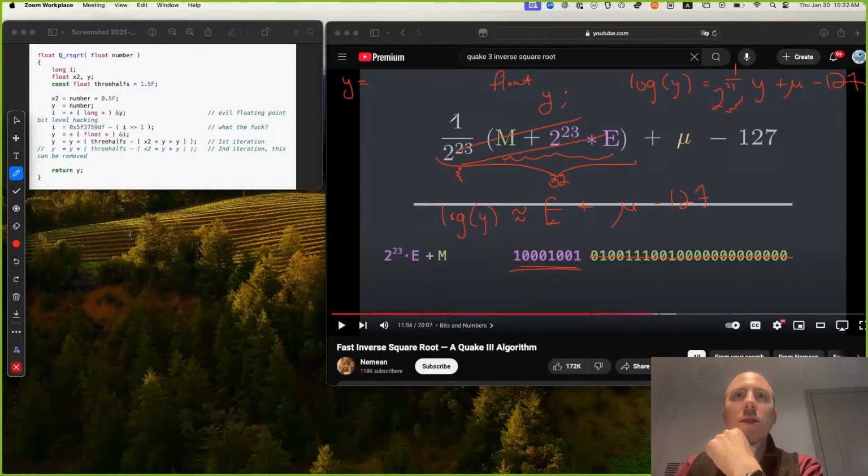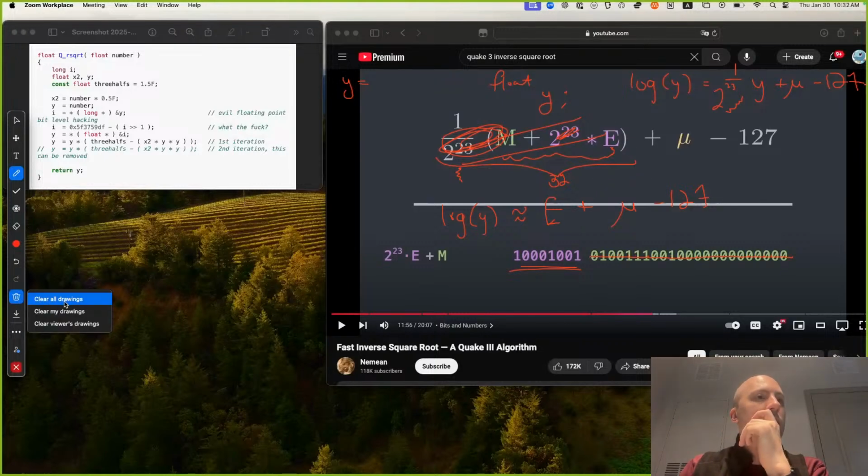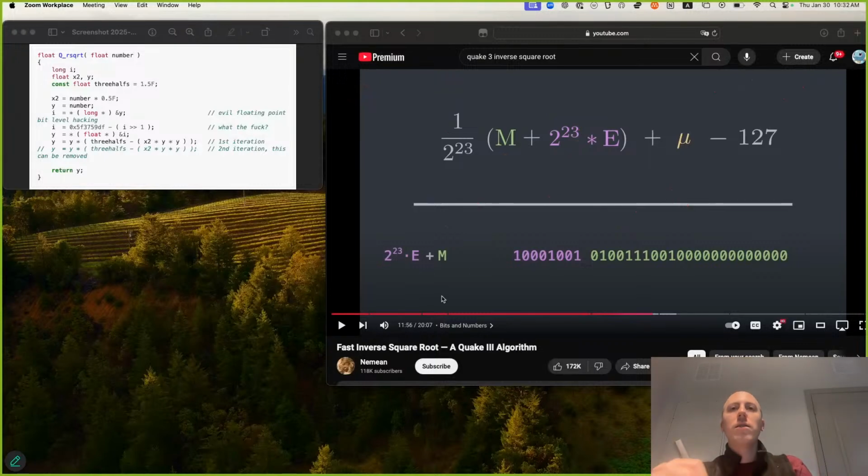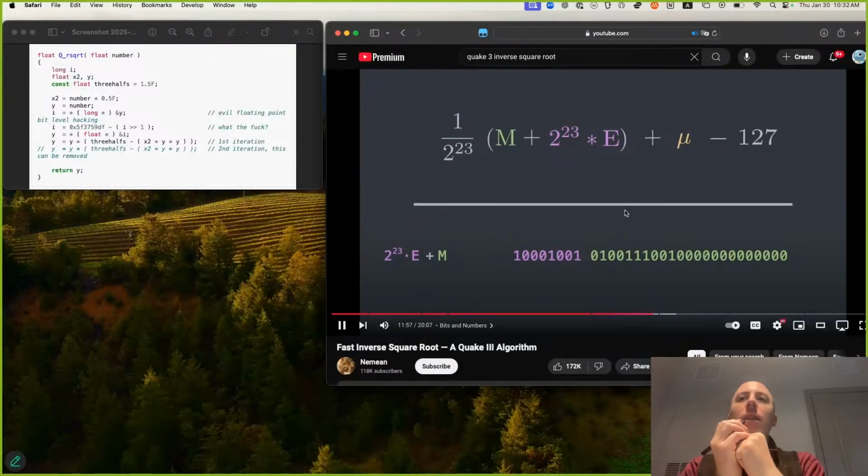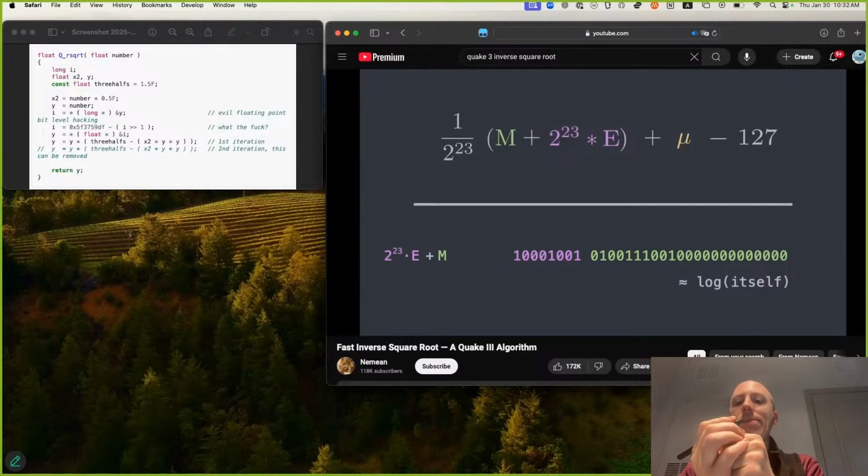These kind of things both undo each other, so you're just left with the exponent. So in some sense, the bit representation of a number is its own logarithm. Armed with this knowledge, we can finally start with the 3 steps of the fast inverse square root.